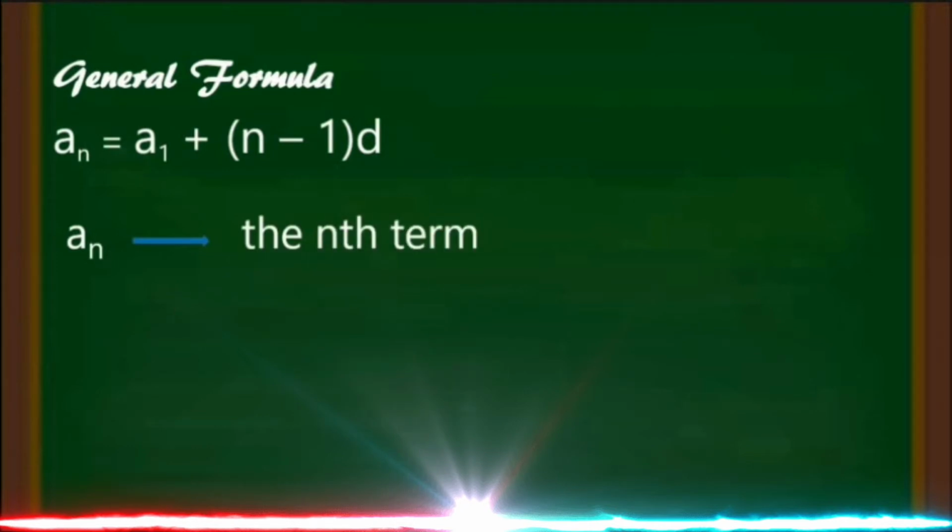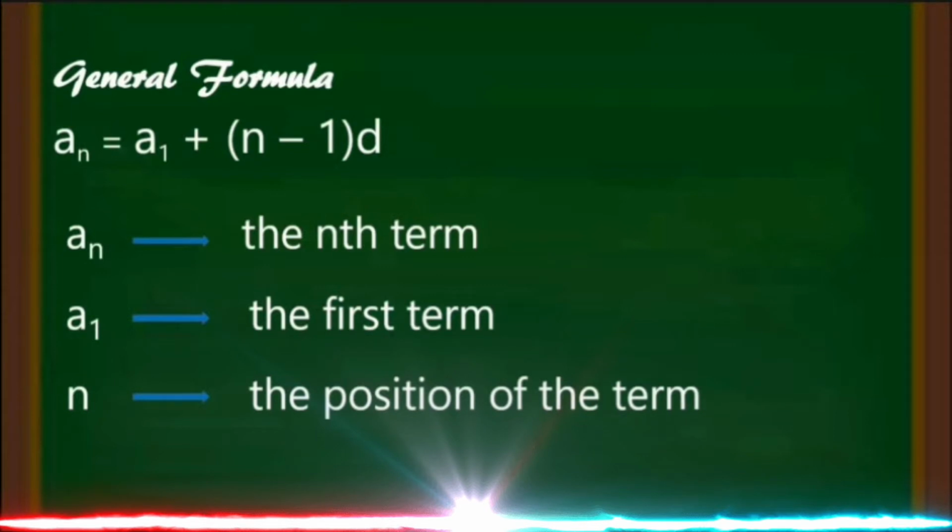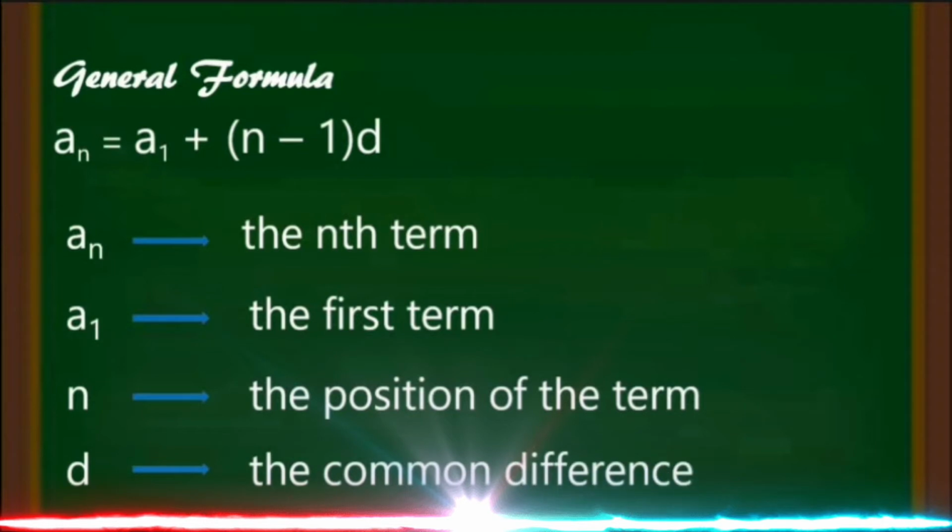We have the general formula in arithmetic sequence: a sub n is equal to a sub 1 plus quantity n minus 1 times d, wherein a sub n is the nth term, a sub 1 is the first term, n is the position of the term, and d is the common difference.